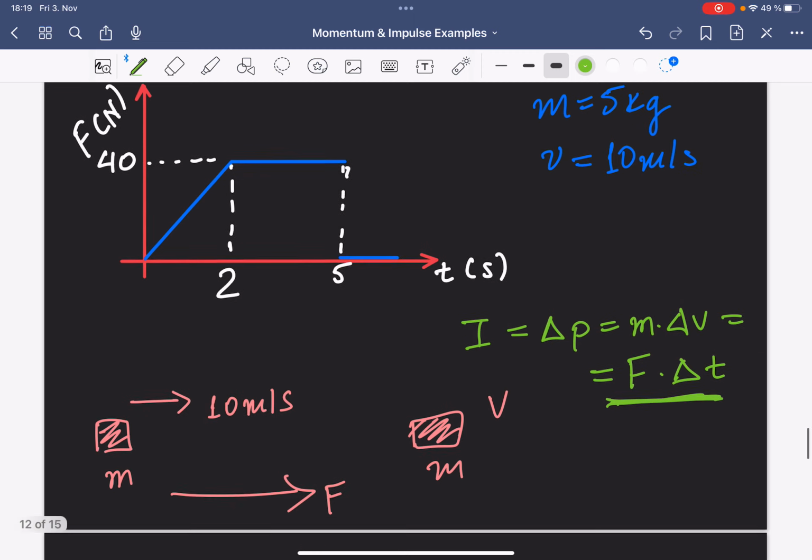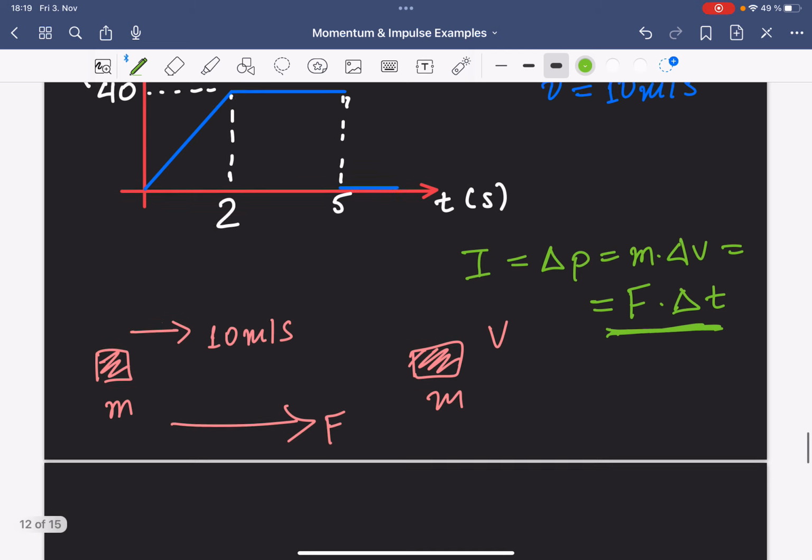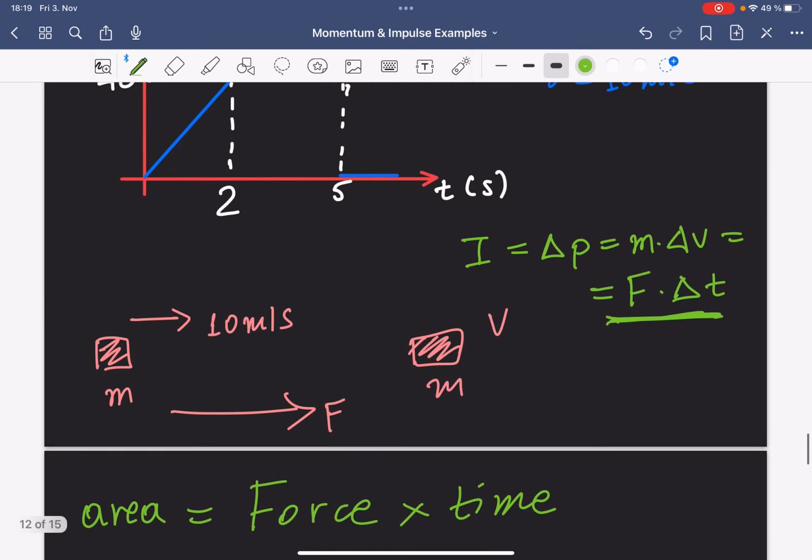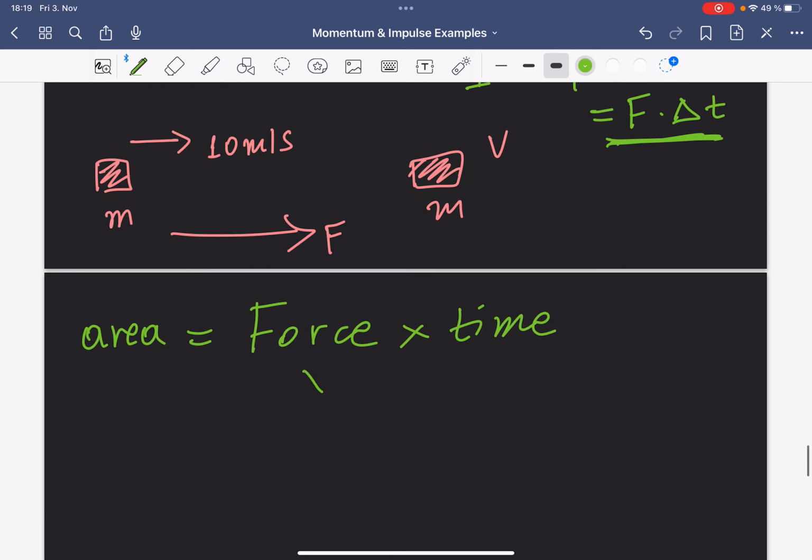Now the area of this graph on a force-time graph is going to be force times time, because that's what we have on the y-axis times the x-axis.